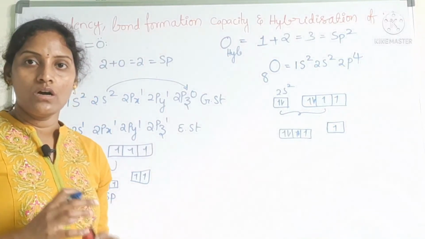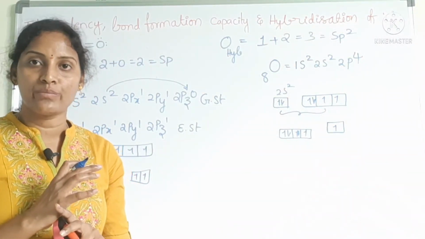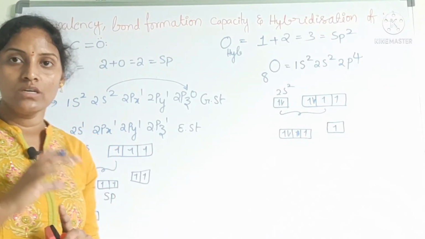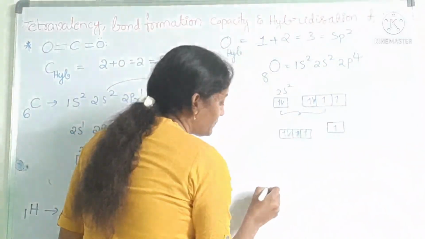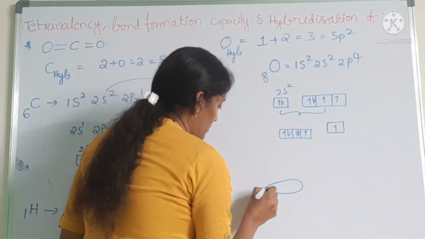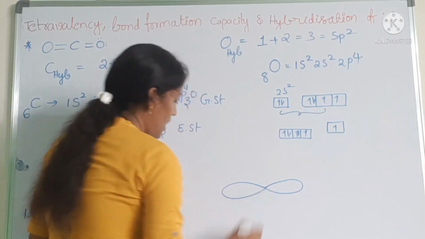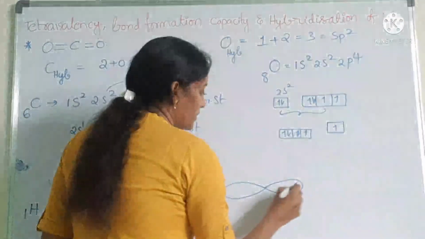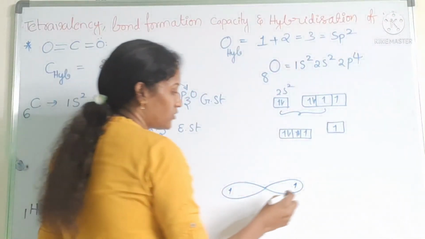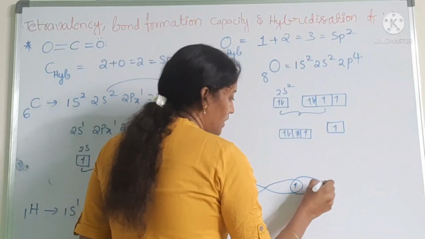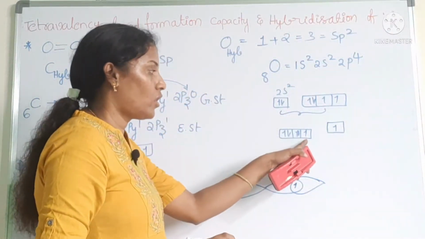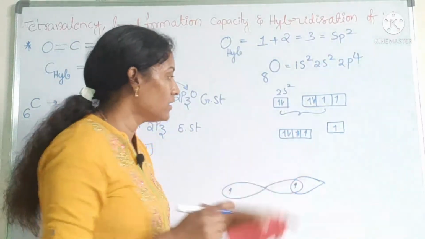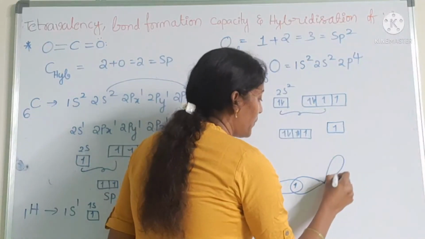Now coming to how these hybridized orbitals and unhybridized orbitals are involved in bond formation in the CO2 molecule. See, this is the hybridized orbital from carbon. Okay, each one possesses a single electron. This is the hybridized orbital from oxygen. See, the last one has only one electron, and the remaining have paired electrons.